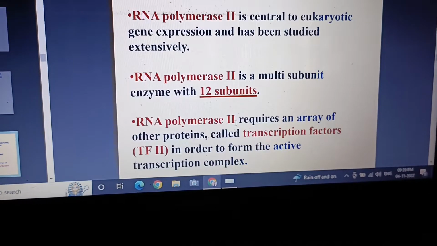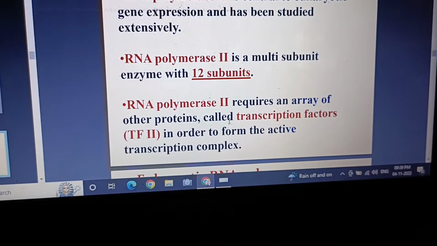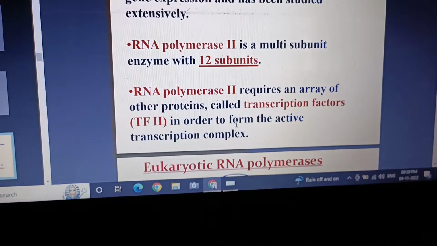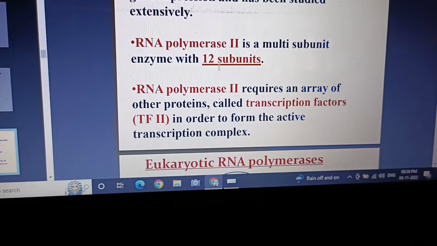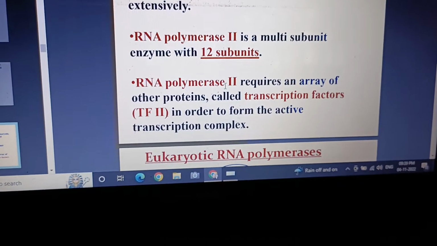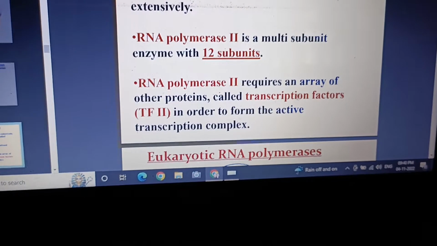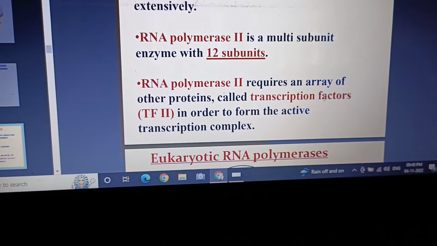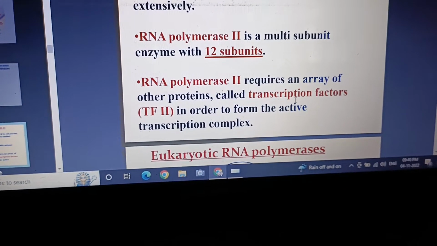RNA polymerase 2 requires an array of other proteins called transcription factors. So the transcription factor also has several types.